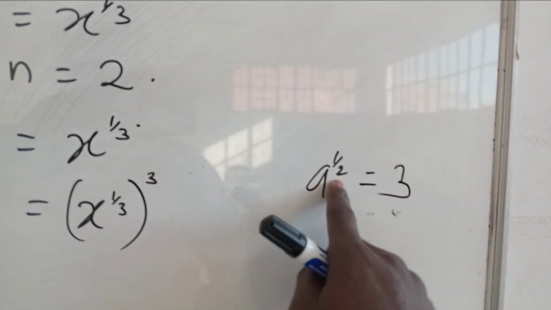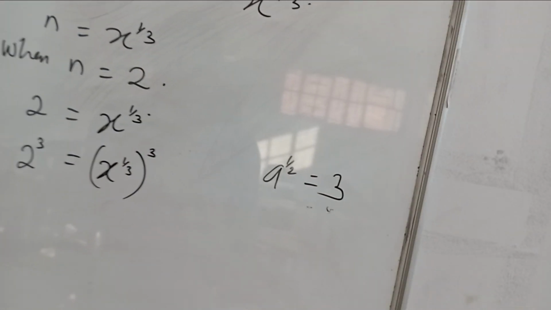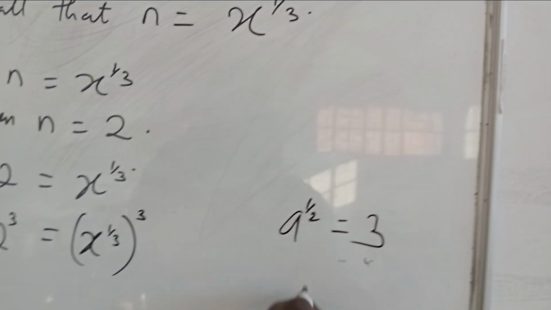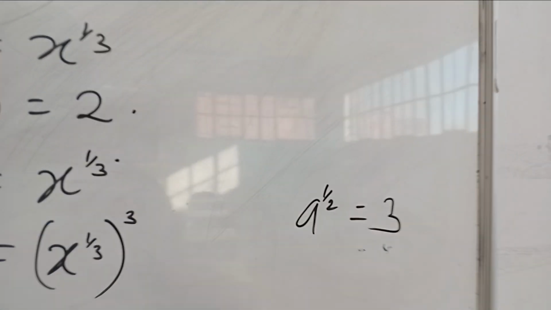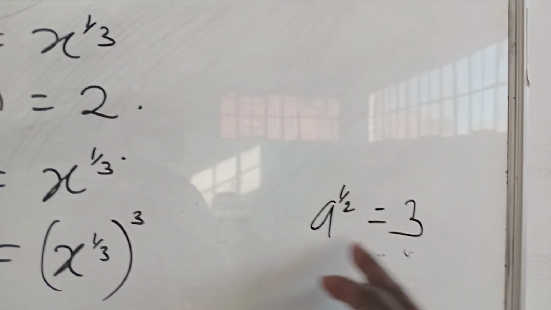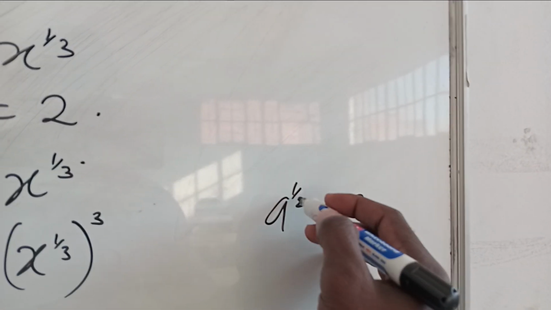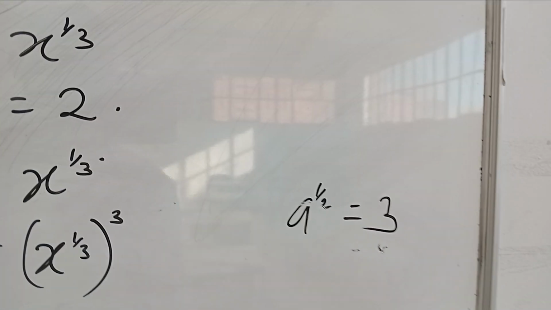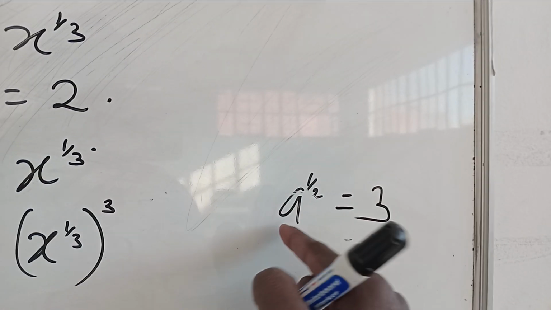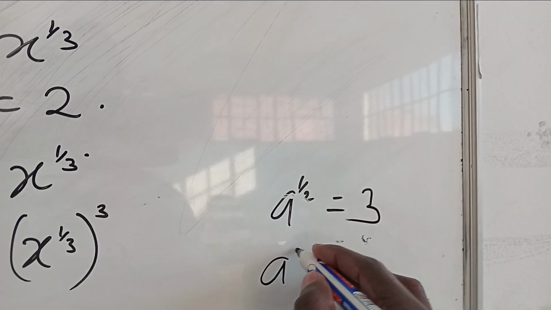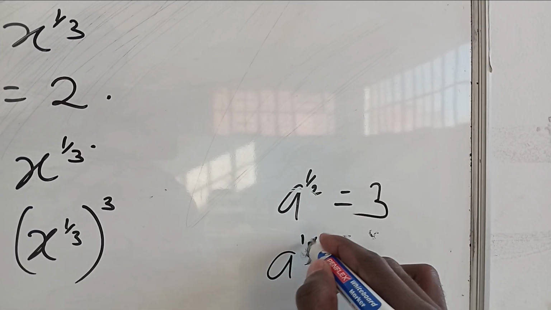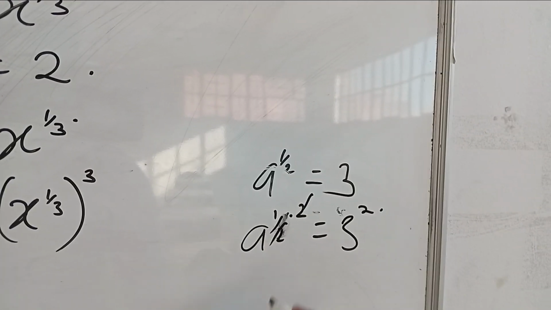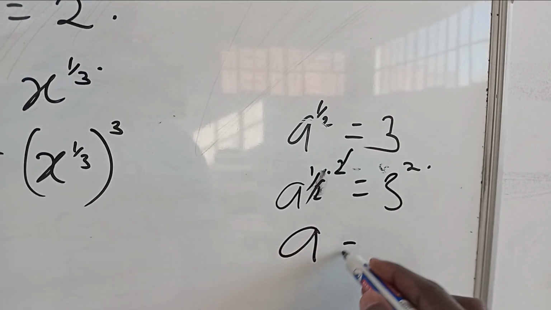In order for us to eliminate this, you either square both sides, or multiply both sides by the power of 2, so that you can eliminate this half in order to get a value for a. So I multiply both sides by 2. I have a raised to the power of 1 over 2 multiplied by 2 equals 3 raised to the power of 2. So 2 can easily cancel out 2, and I have a equals 9.